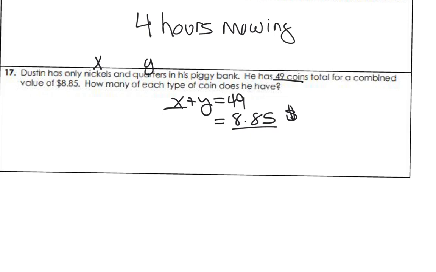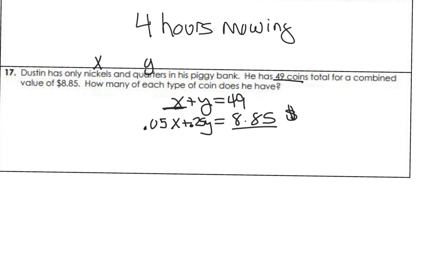So I'm trying to find X, the number of nickels. So I need to know how much a nickel's worth. Well, how much is a nickel worth? It's worth 5 cents. How much is a quarter worth? 25 cents. So now you have your equation.